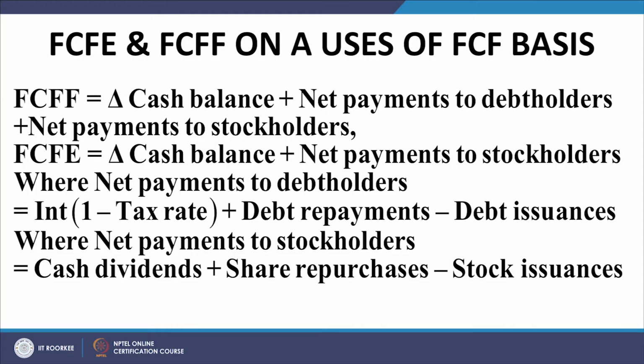This slide gives you the working of the free cash flow to equity and free cash flow to the firm on a usage basis. So far we have been focusing on calculating free cash flows to the firm and free cash flows to equity on the basis of sources, so cash flow from operations and all other things, deducting capex and so on.